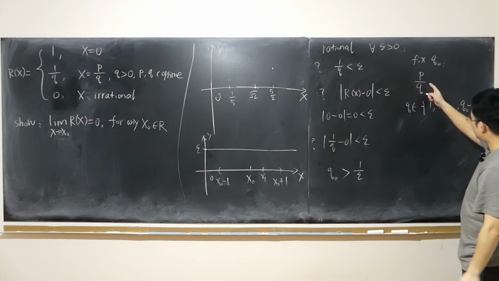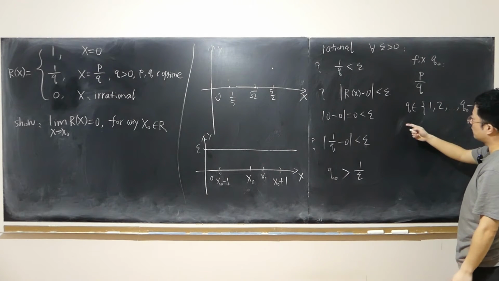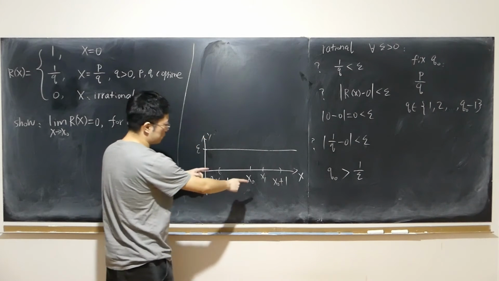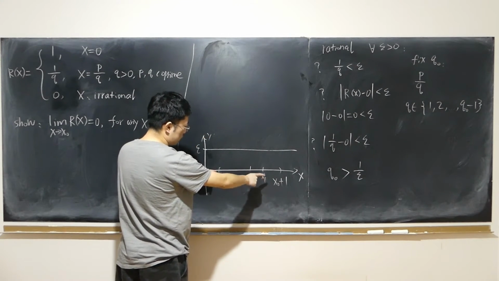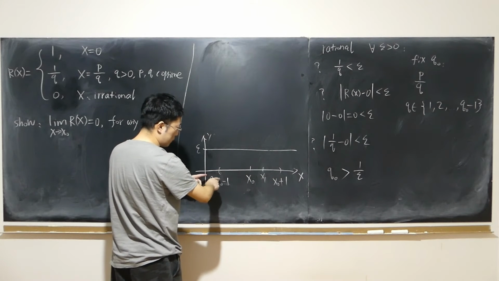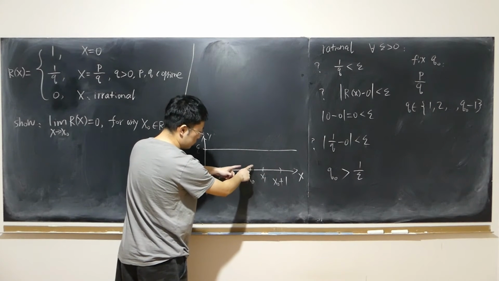And also the p can change, from 1, 2, 3. So let me look at just within this deleted neighborhood, not very small, but small enough, x naught plus 1, x naught minus 1. Then I'm going to find a smaller one.